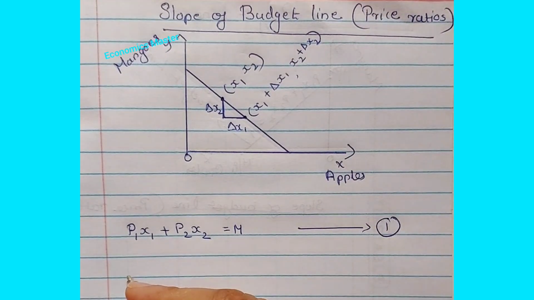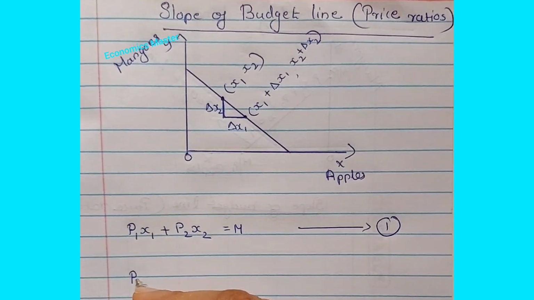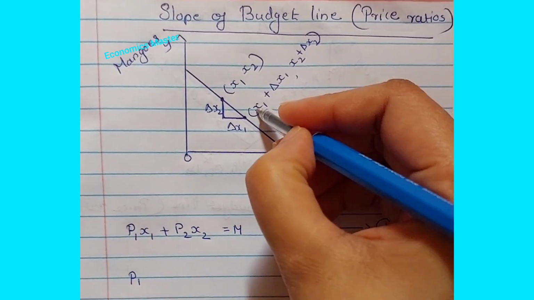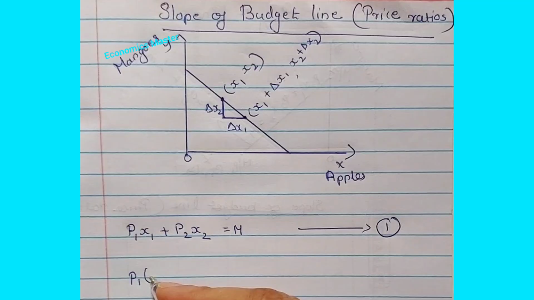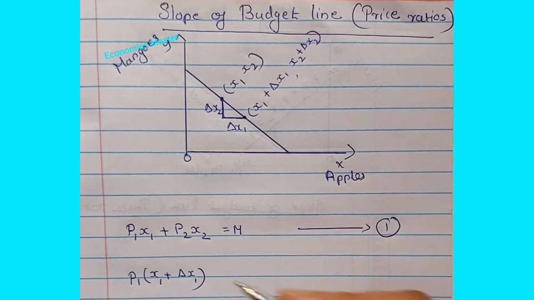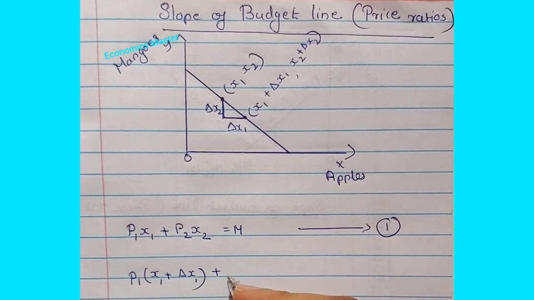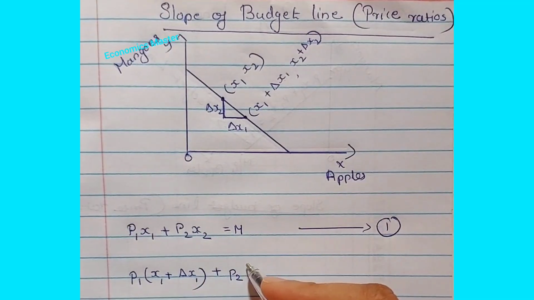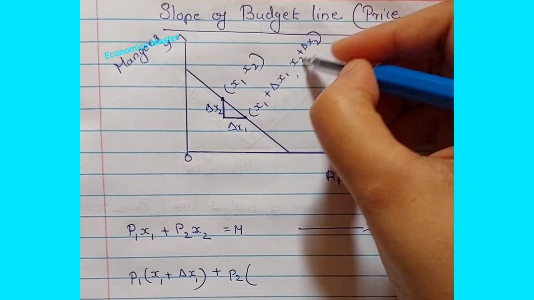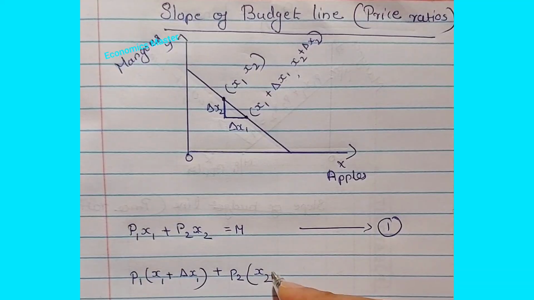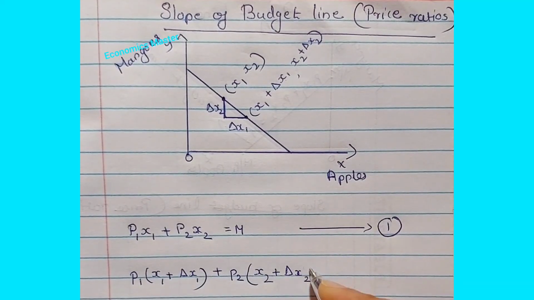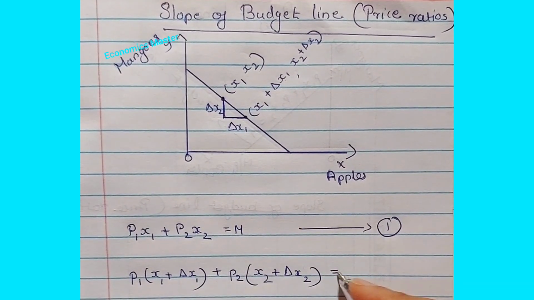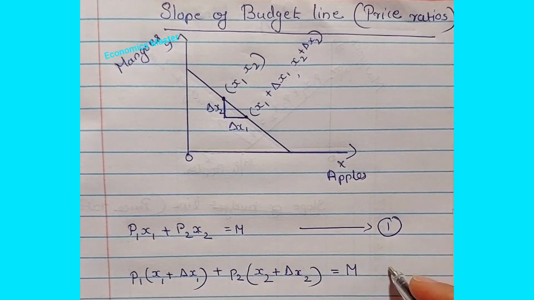The consumer can buy a bundle such that P1, instead of x1 you have to write x1 plus delta x1, plus P2 into, instead of x2 you have to write x2 plus delta x2, is equal to M. This is the equation of the new budget line, that is equation number 2.